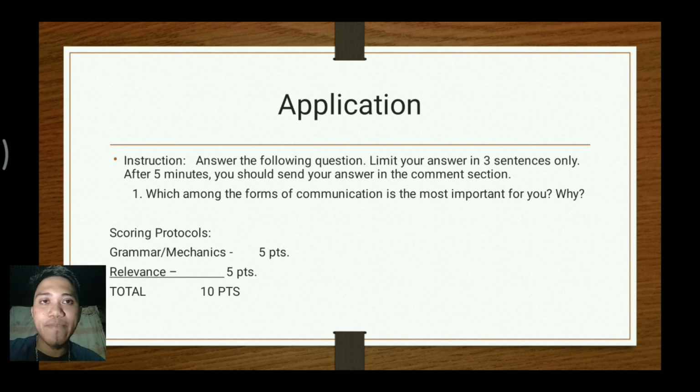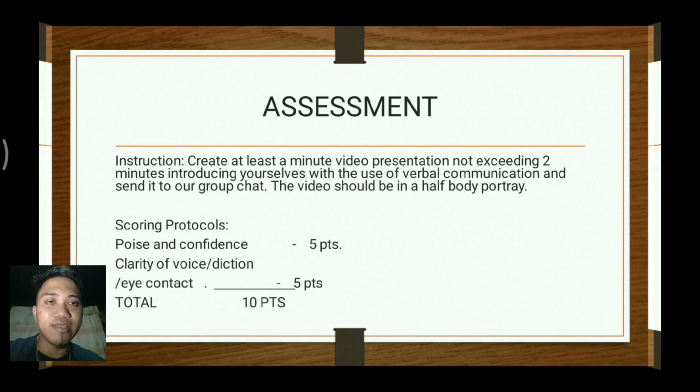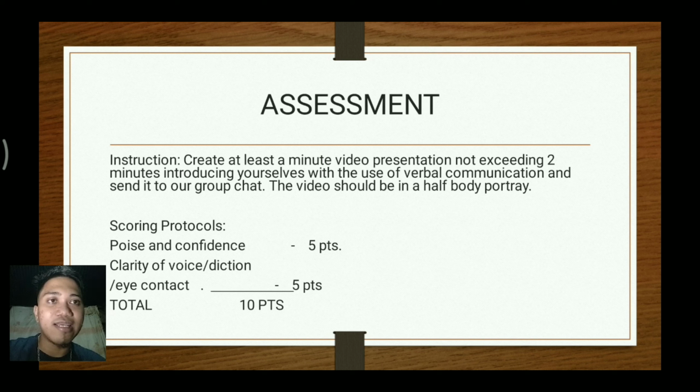For your scoring protocols, we have grammar and mechanics, 5 points, and relevance, 5 points, a total of 10 points. For your assessment, create a video presentation of at least one minute, not exceeding two minutes, introducing yourself with the use of verbal communication, and send it to our group chat. The video should be a half body portrait.